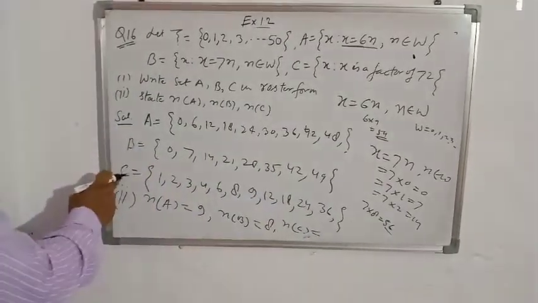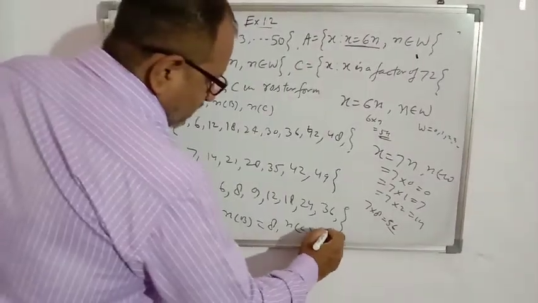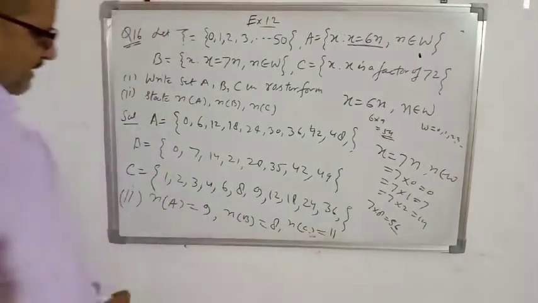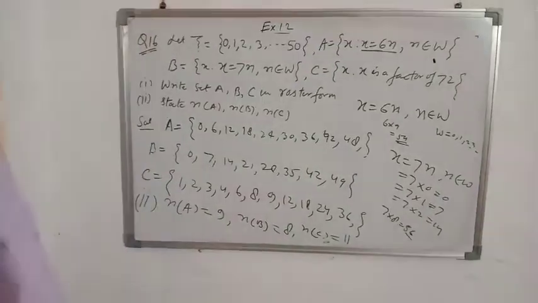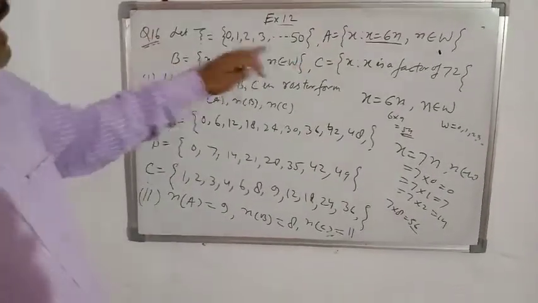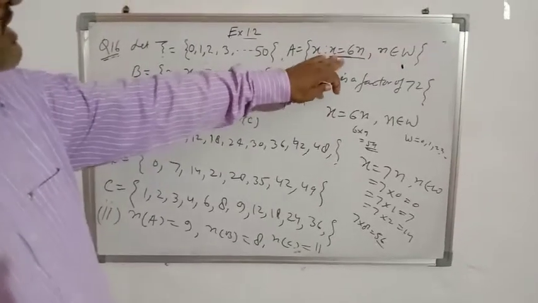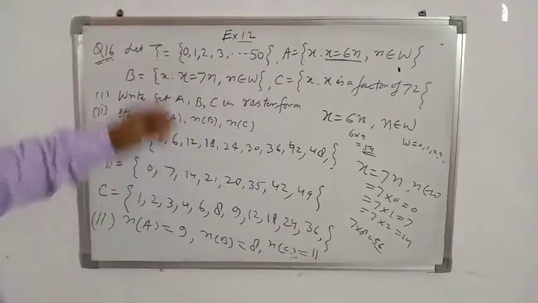So set C contains 11 elements. So the cardinal number of set C is 11. n(A) 9, n(B) 8, n(C) 11. So we have to take the elements of different sets from the universal set.